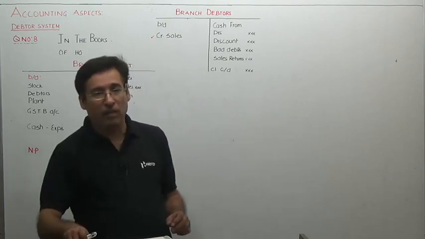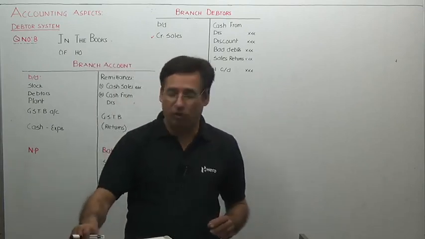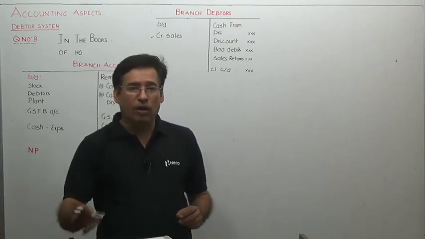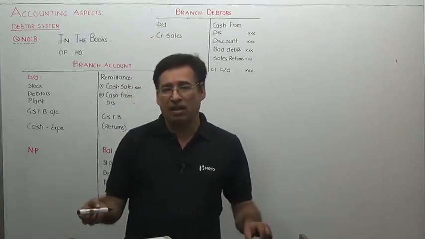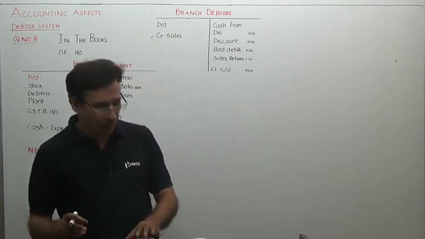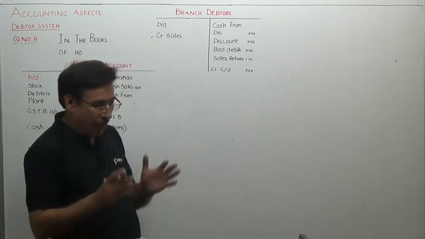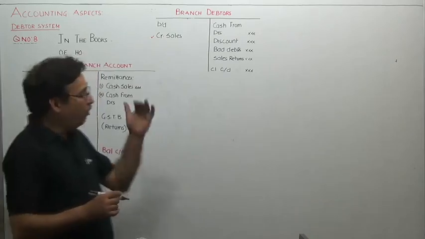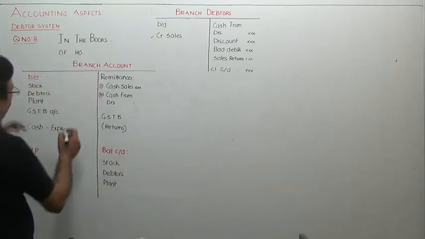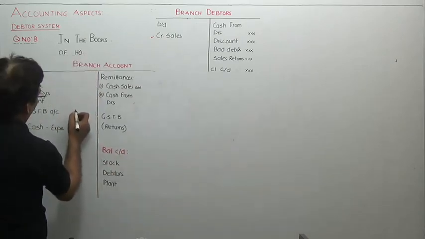Sometimes the question is quite silent with respect to the method. If the question is silent, then it is better to adopt the debtors system. Written down here: goods sent to branch at cost. So head office sent goods costing rupees 50,000 to the branch.